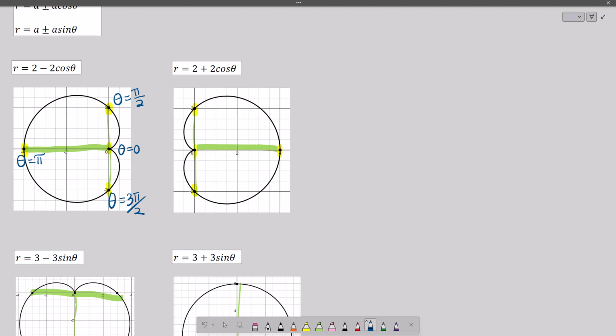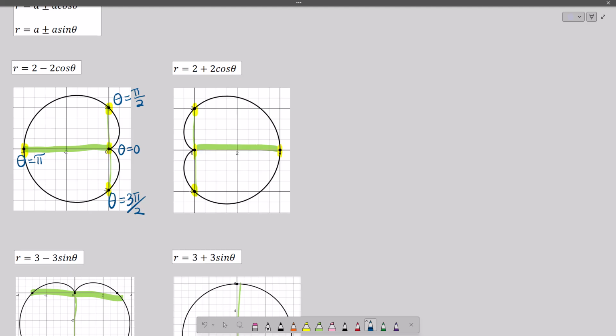When we plug 3 pi over 2 in, we also get 0. 2 minus 0 is still 2. If r is positive, we go in the direction of that angle. So 3 pi over 2 is our directed angle, and if we get a positive radial value, we go in that direction. If we had a negative 2, we would bounce. But if we have a positive radial value, we go in the direction of the terminal ray.